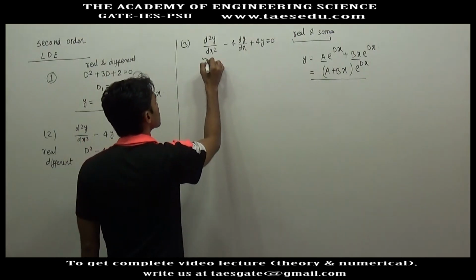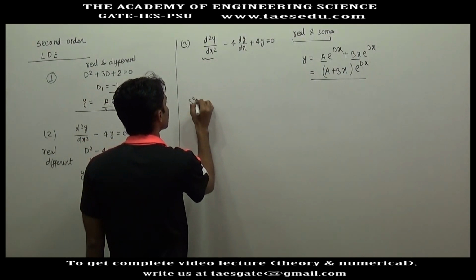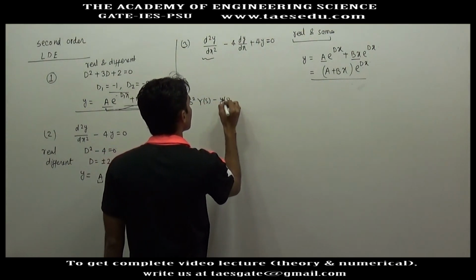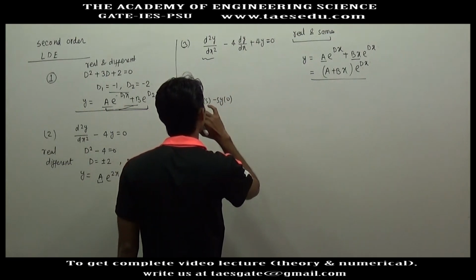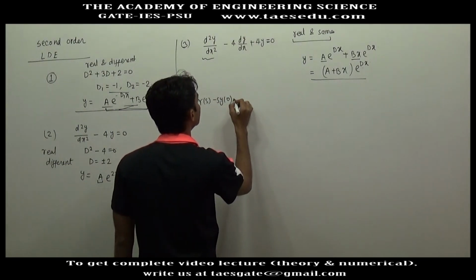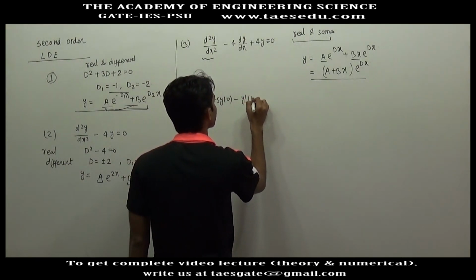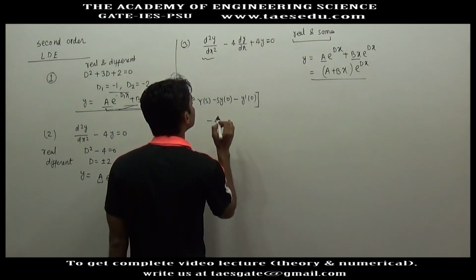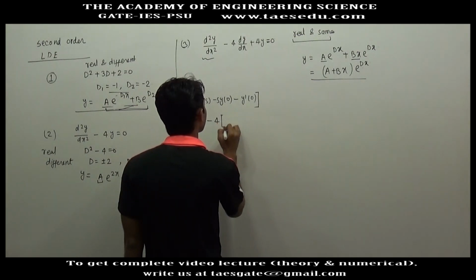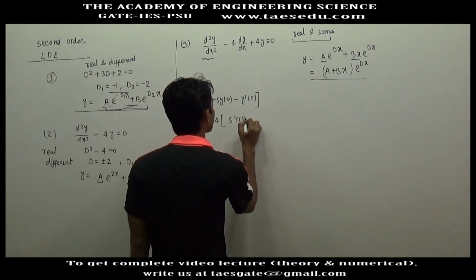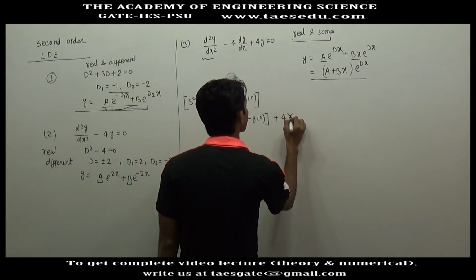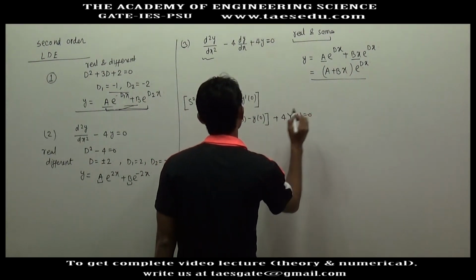If you take Laplace of this, we will have s square Y(s) minus s y(0) minus y dash 0, minus 4 times (s Y(s) minus y(0)), plus 4 Y(s) equal to 0.